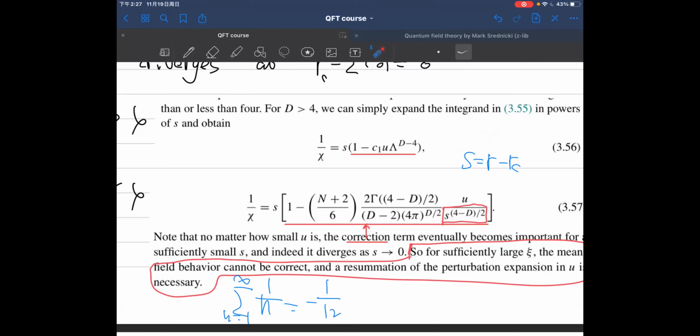Imagine that r_c equal to 0 is a critical point, then you do the expansion around the critical point.